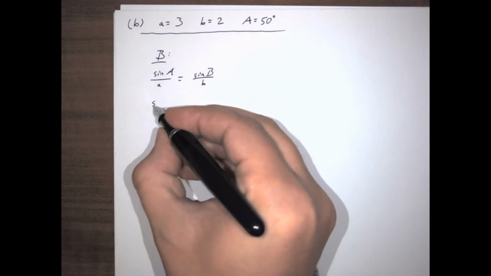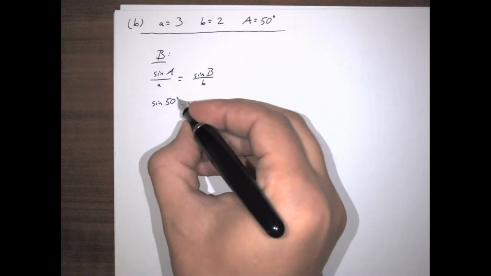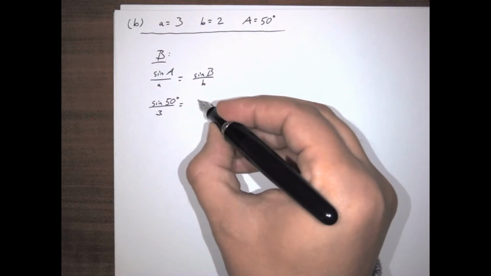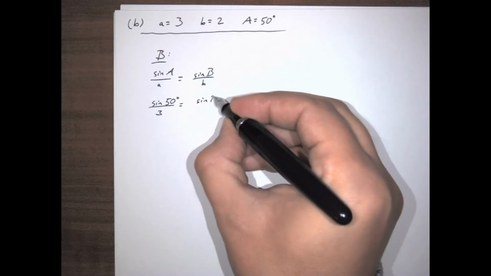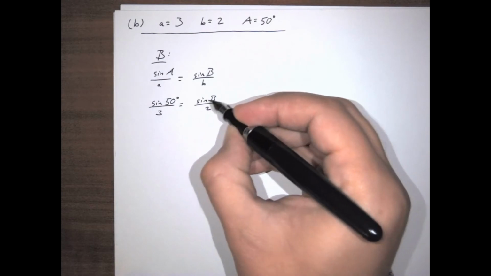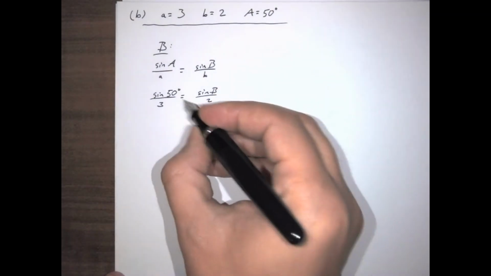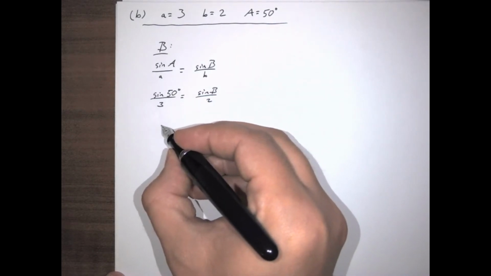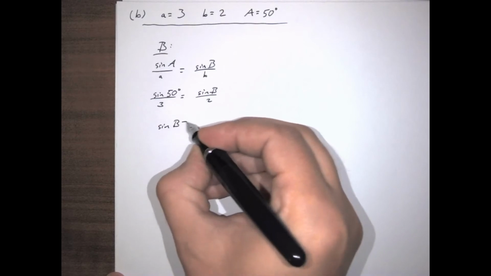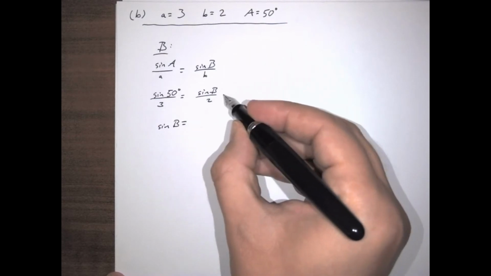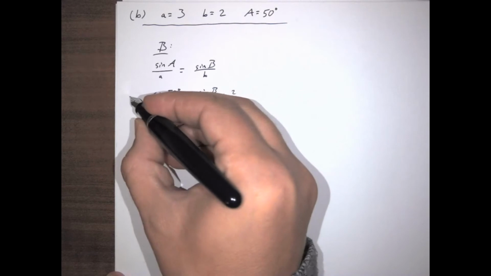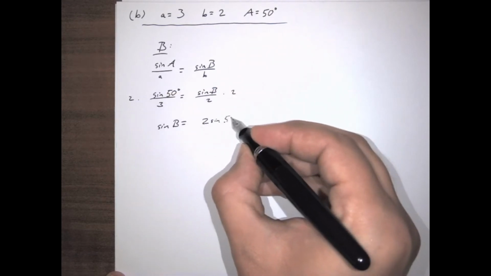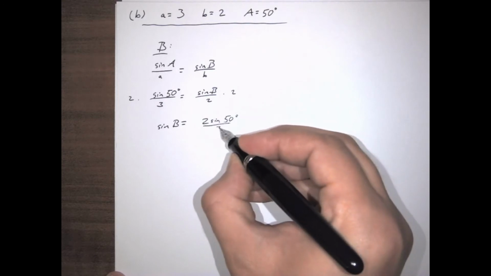Okay. So sine of 50 degrees divided by 3 is equal to the sine of our mystery B divided by 2. And if I'm solving this for the B, I have to move everything over. So sine B, I'll write that on the left, is equal to, and I just multiply both sides by 2. And that's going to be 2 sine 50 degrees over 3.